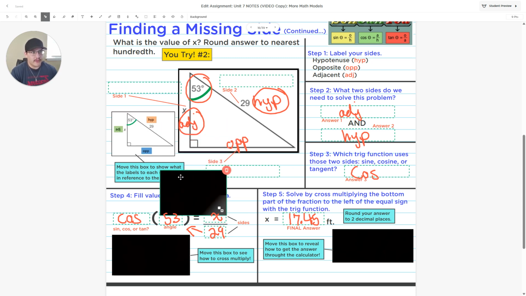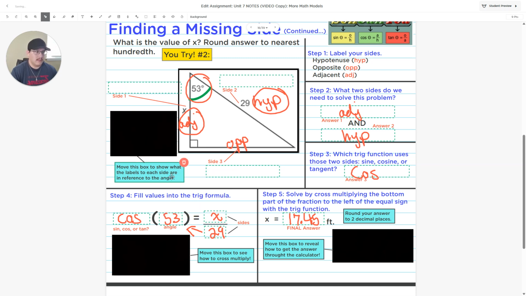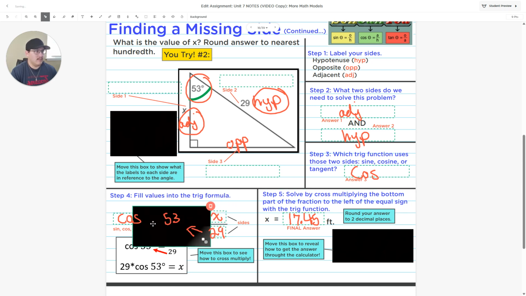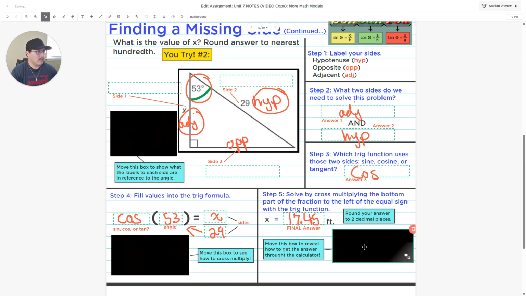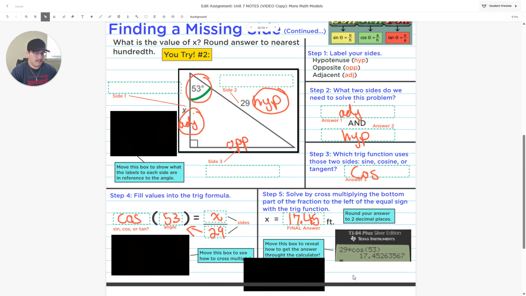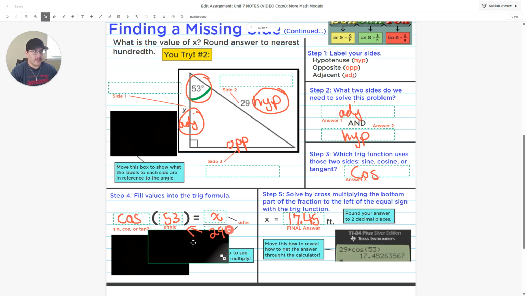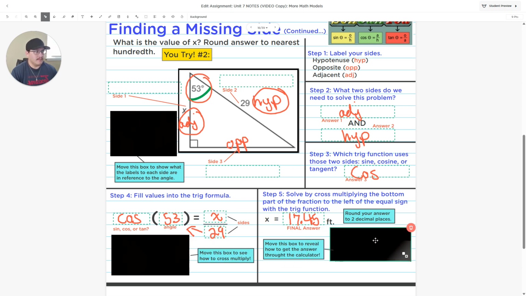Now I'm going to move these boxes just to show you what it is that I just labeled, or that I answered. There we go. And that's that. That's the final answer for Try Number 2.